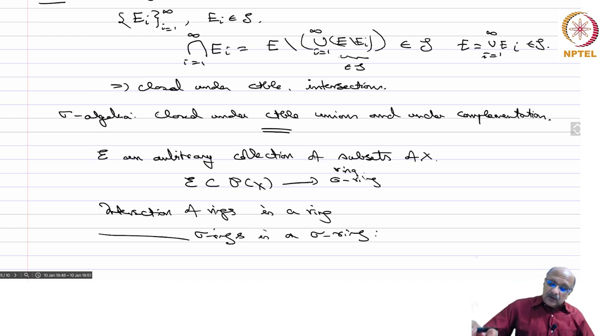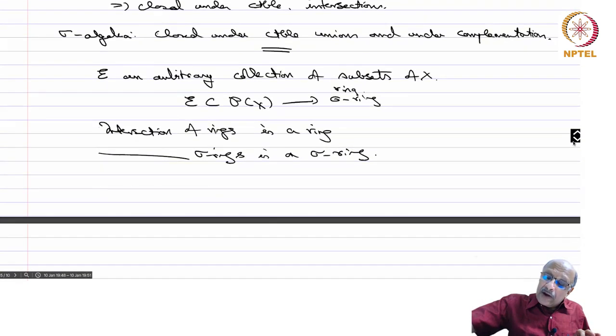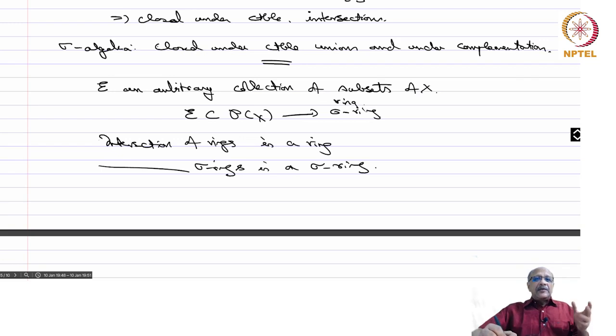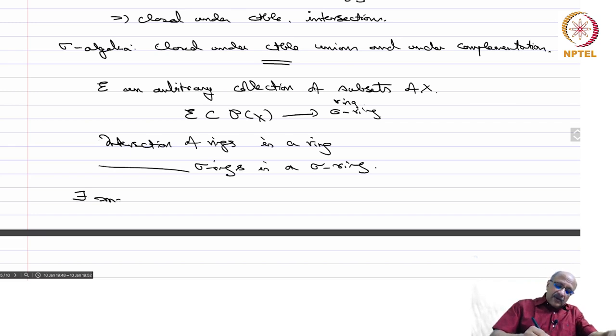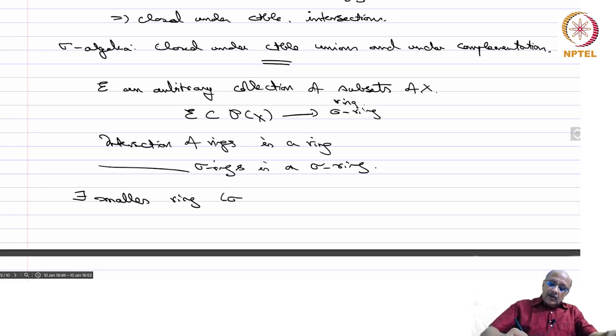And always you have the power set, which is a ring or a sigma ring containing E. So you can take the intersection of all rings containing E, or the intersection of all sigma rings containing E, and there exists a smallest ring or sigma ring containing E.